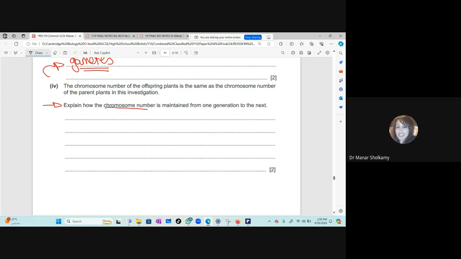What will you say about meiosis and gametes? These gametes contain how many chromosomes? Gametes contain the haploid number. When they fuse, when they fertilize, they give a diploid number. Yes, perfect. You can actually give numbers if you're talking about humans. 23 and 23 give you 46, or a number n fuses with another n to give me 2n, or a diploid zygote. Okay?